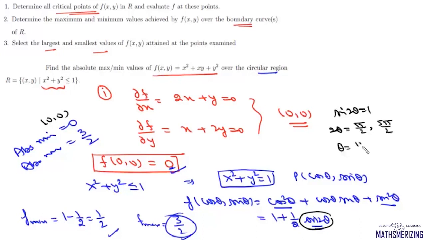That is, the value of theta will be either pi by 4 or 5 pi by 4. So if we put theta as pi by 4, one of the points will be (1 by root 2, 1 by root 2), and the other point will be (minus 1 by root 2, minus 1 by root 2).